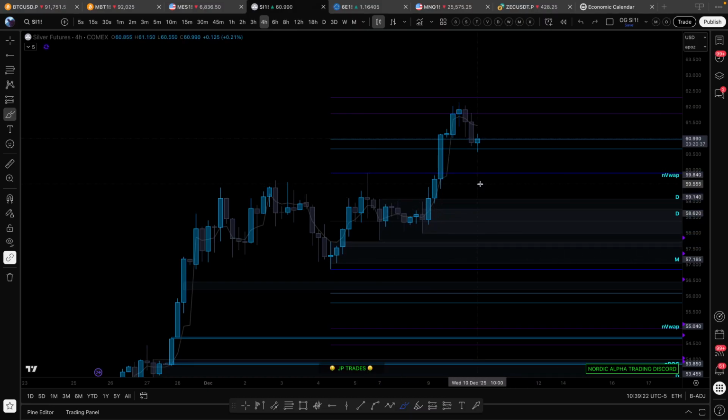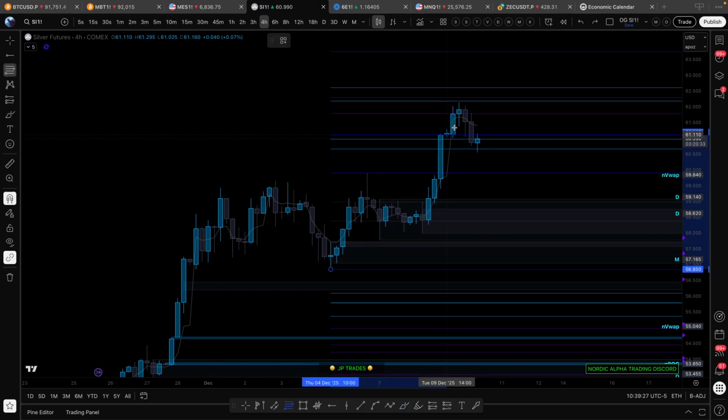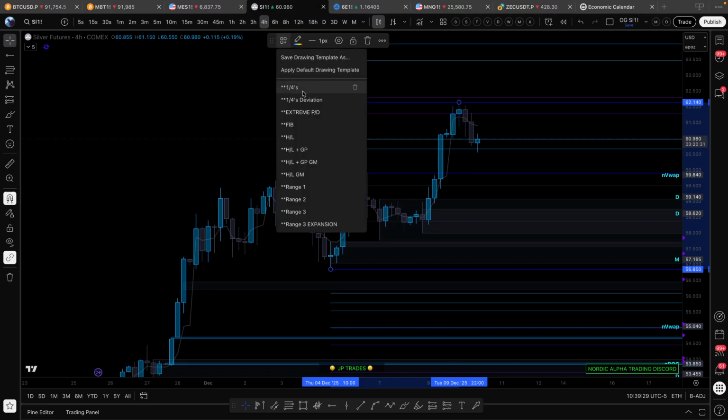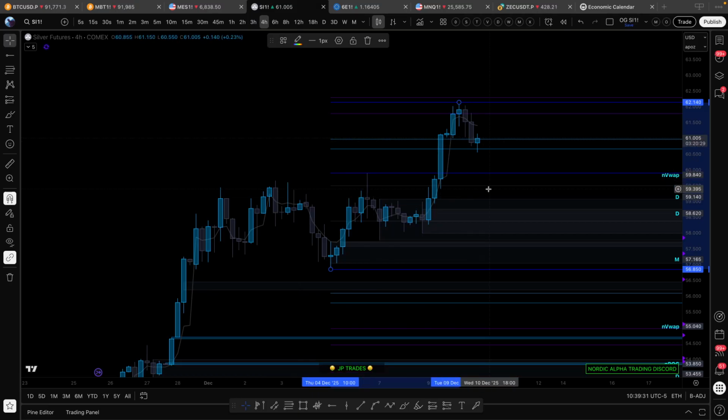That could VWAP. And let's see, is that the equilibrium? Do not know. Equilibrium is a little bit lower. So I would again be watching this upper quadrant of this previous range here.